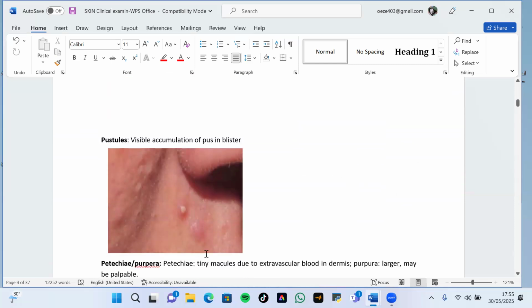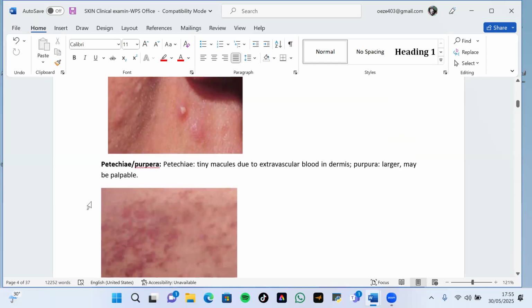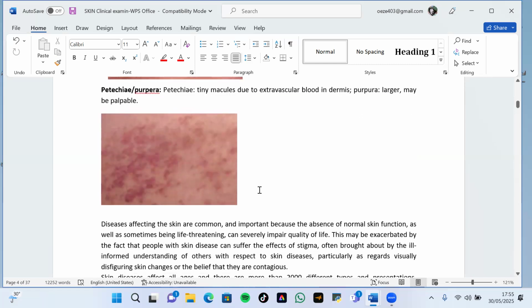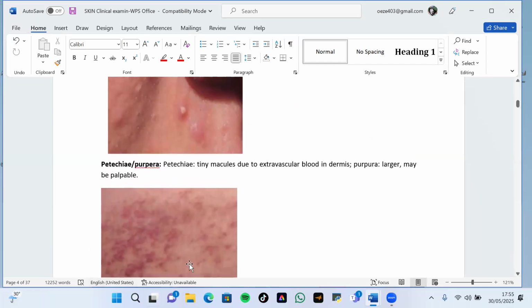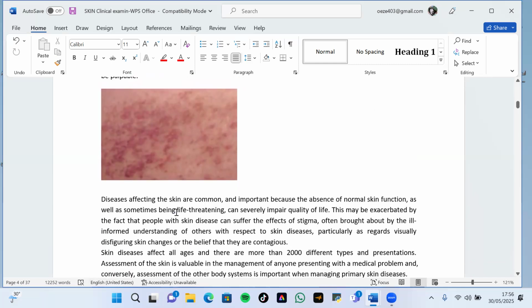Then pustules. Any raised skin part that has pus in it is called a pustule, like pimples. Then petechia or purpura: when there are a lot of color changes that are greater than 1 cm, we call it petechia or purpura.